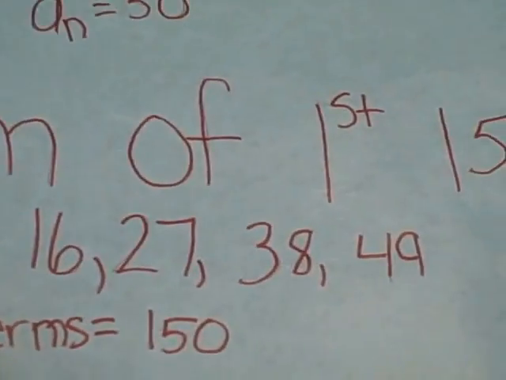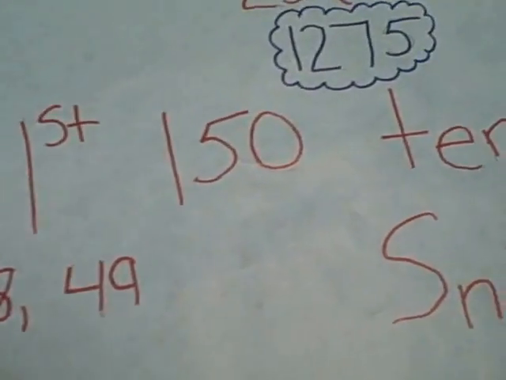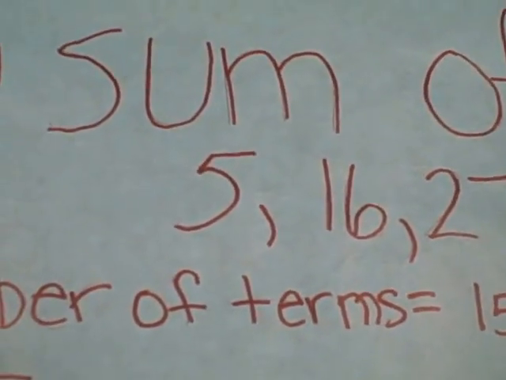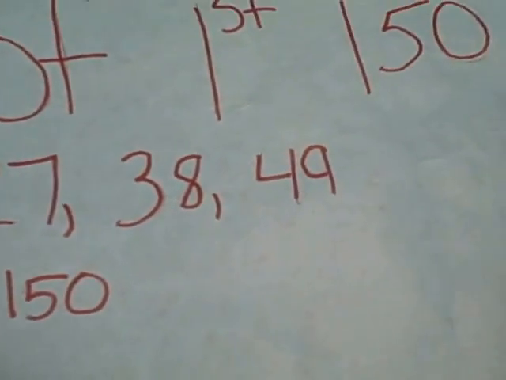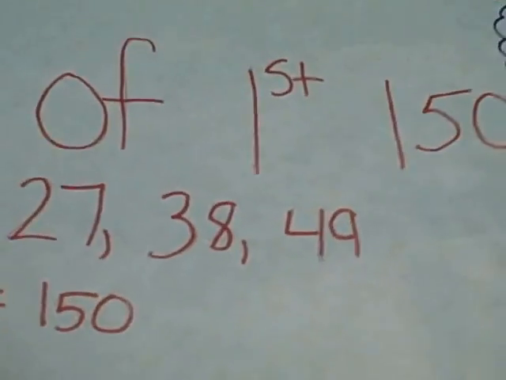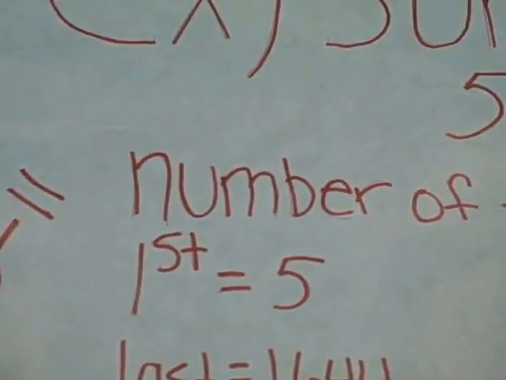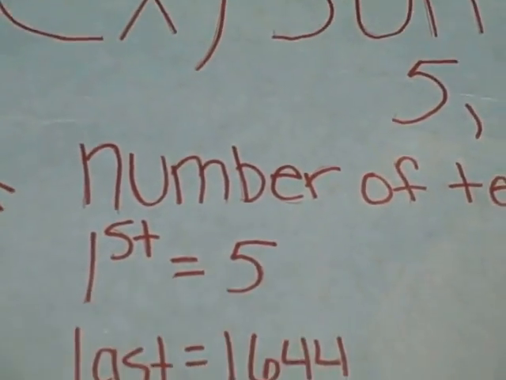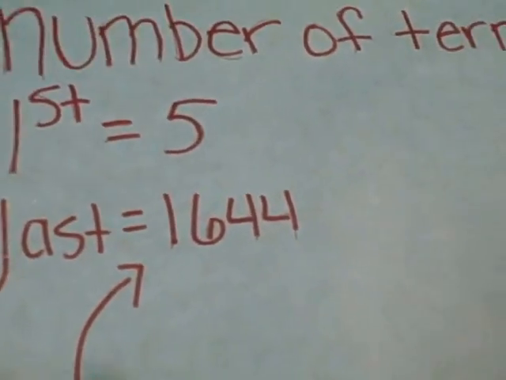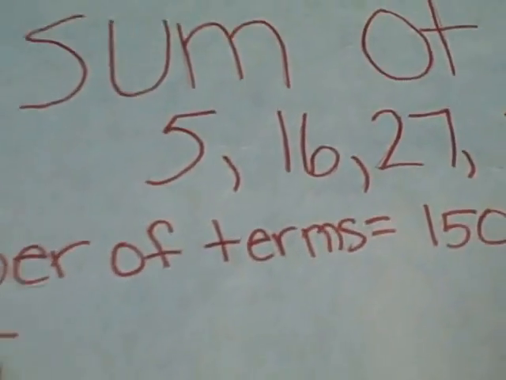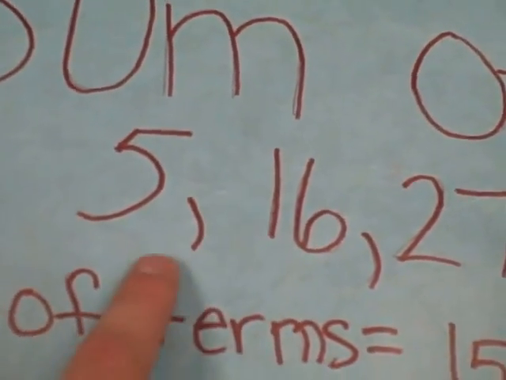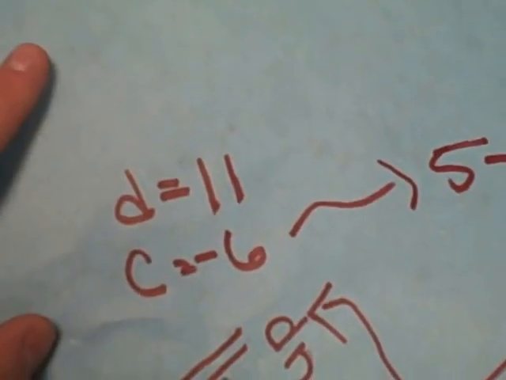For our next example, we're going to find the sum of the first 150 terms of the sequence. And here's our sequence: 5, 16, 27, 38, 49, and so on. The first term is 5. So then we find the common difference. You would take 16, which is a2, minus 5, and that would give you 11.